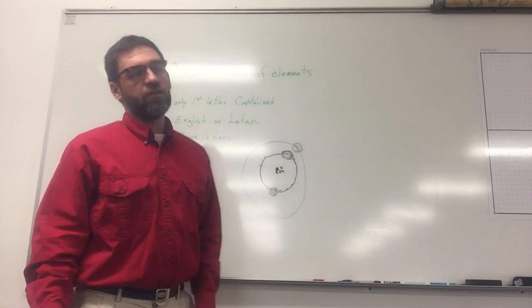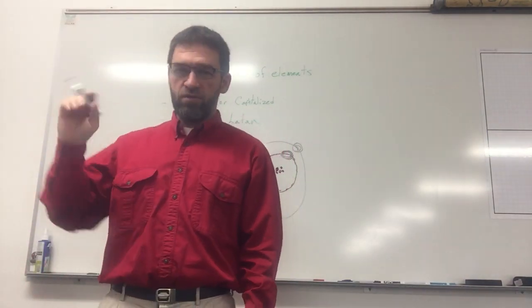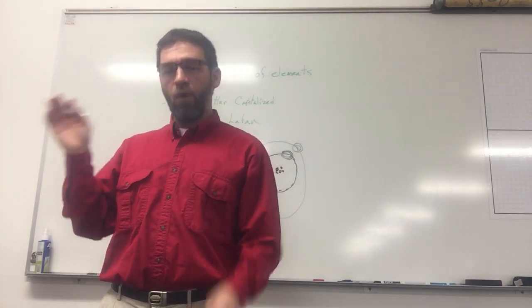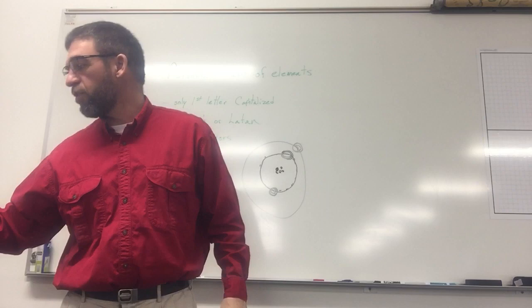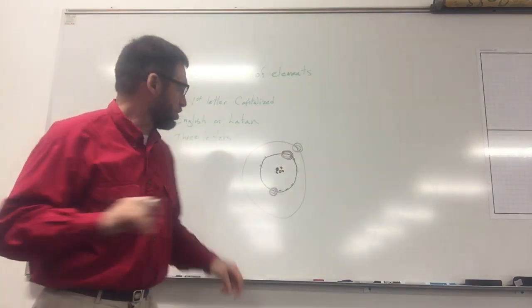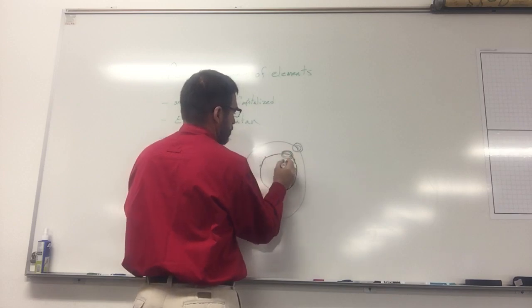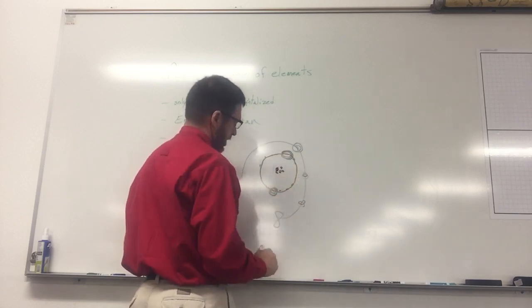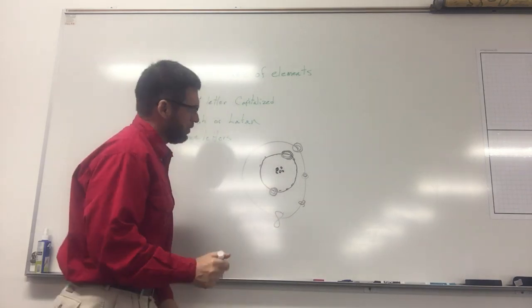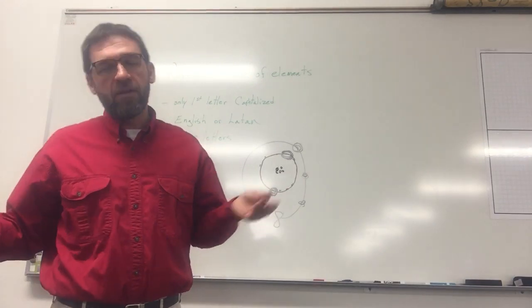If you want this explained in depth, why some have 2, why some have 8, you will have to do research outside of the book. But if you look there, orbit number 1, which is the closest to the nucleus, the center, has 2. The next one has 8. I'm just going to put an 8 on there. The third circle, and then if you've got all of them used up, then you're done.